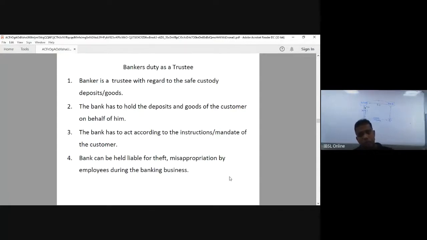In a situation like that, the bank is liable to pay the customer damages and the value of the goods. So as a banker, the banker has a duty to protect the customer's goods, because you are keeping those goods as a trustee on behalf of the customer.